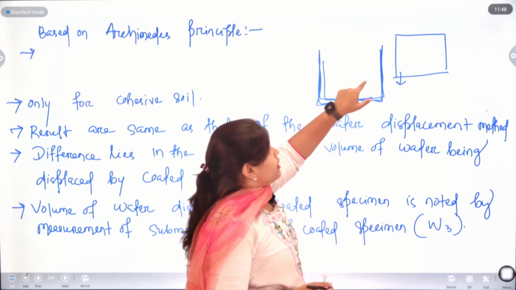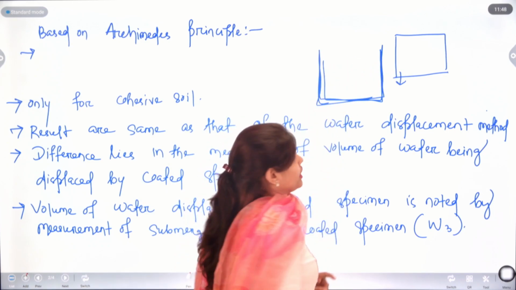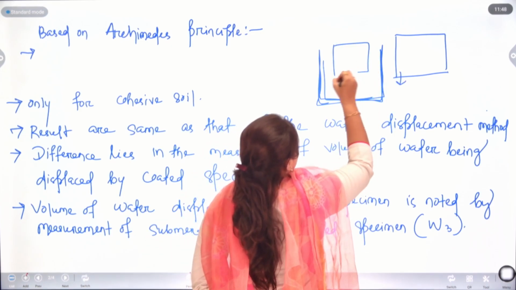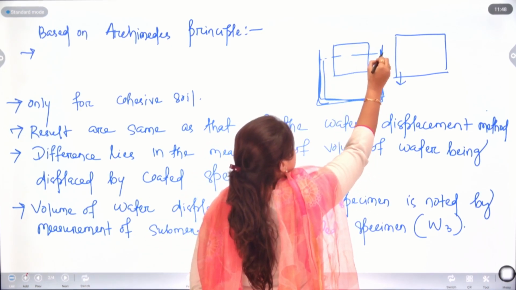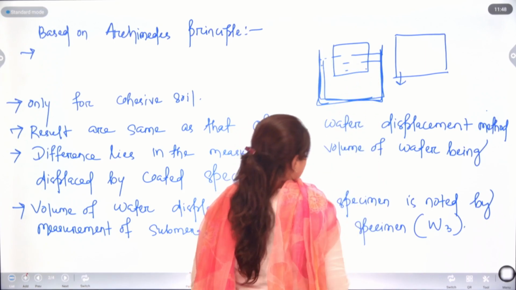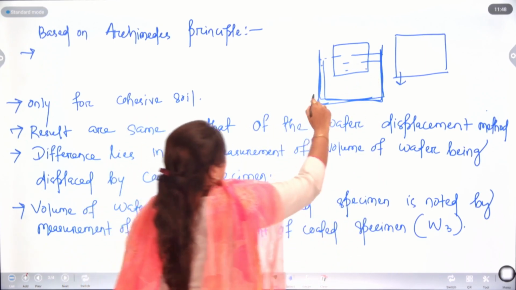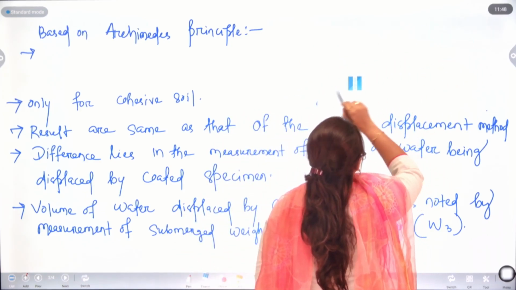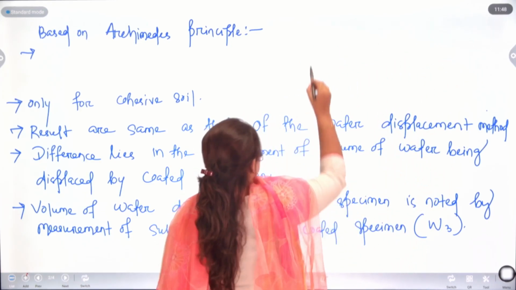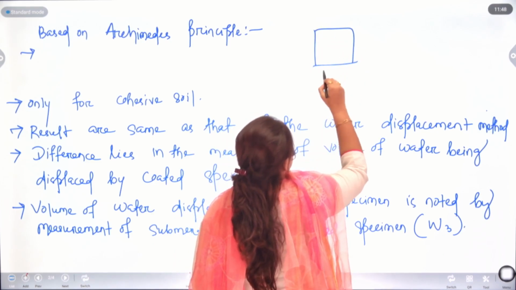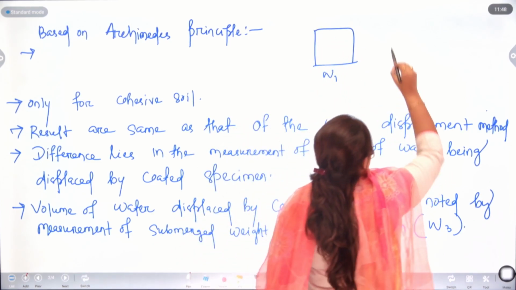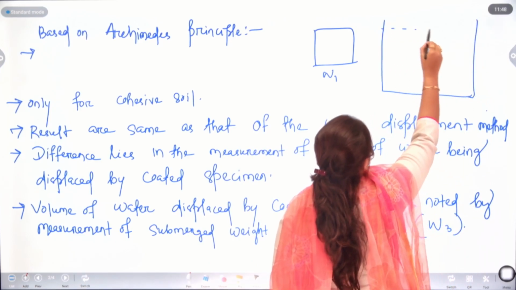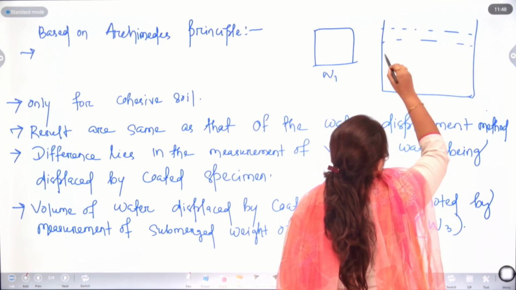If we put the object here, and this is filled with water, we have one object, that is W1, and we have one bucket that will be filled with water.